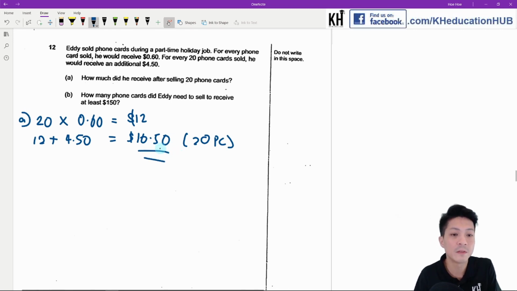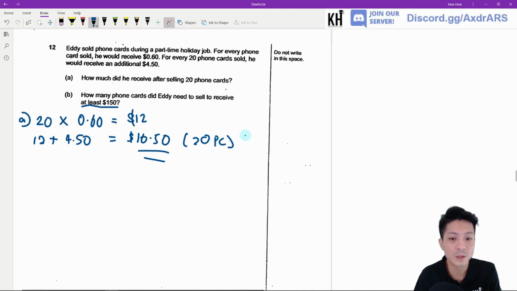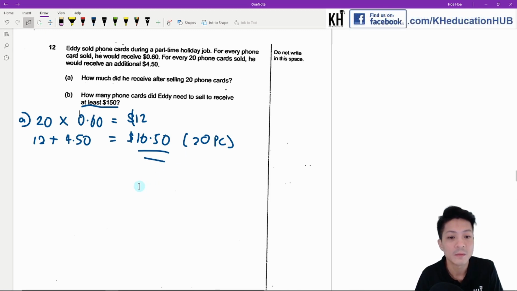Part B, how many phone cards did Eddie need to sell to receive at least $150? So we know that 20 phone cards is $16.50. This is the phone cards for one group. Okay, one group will be $16.50.